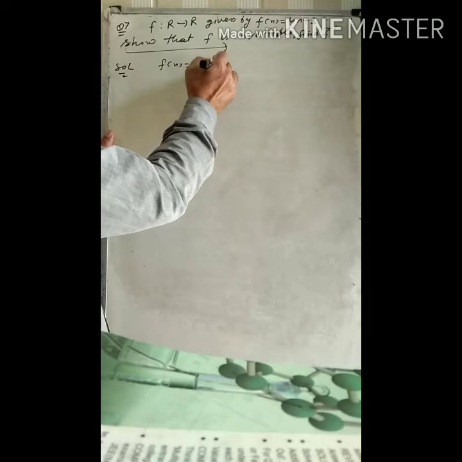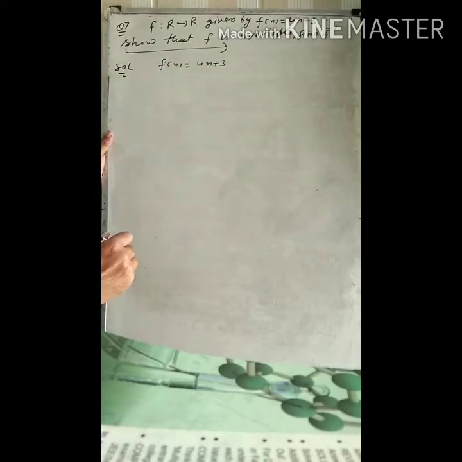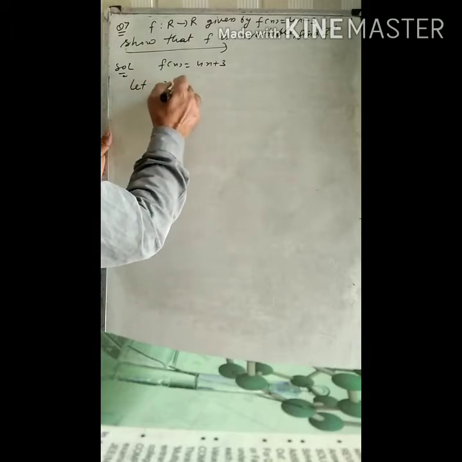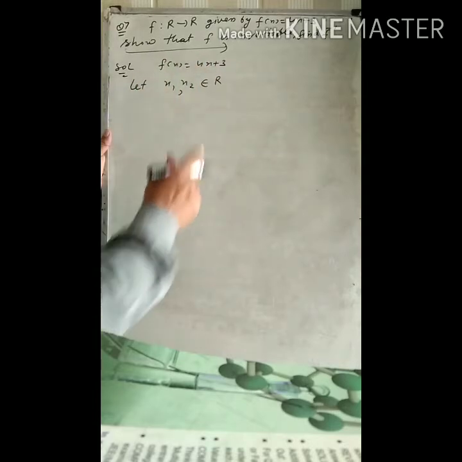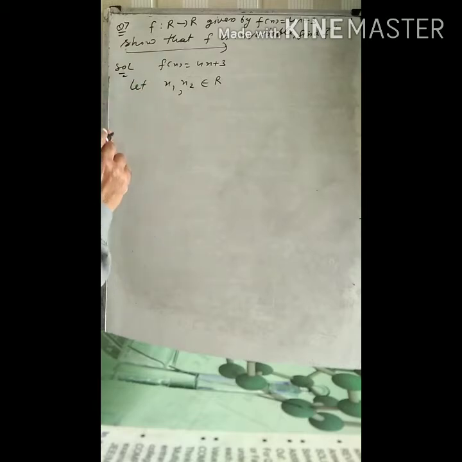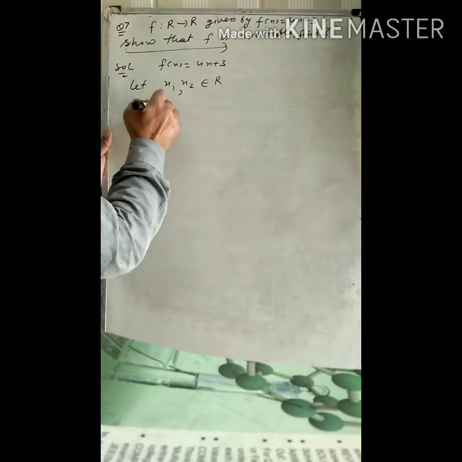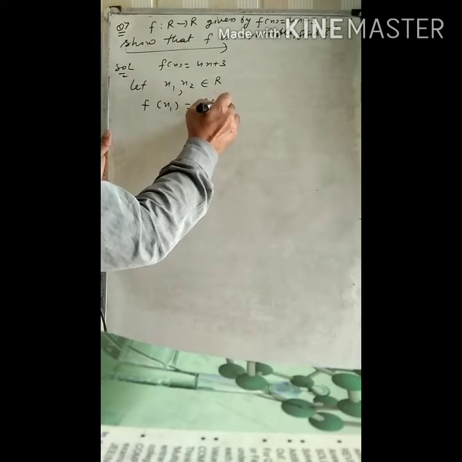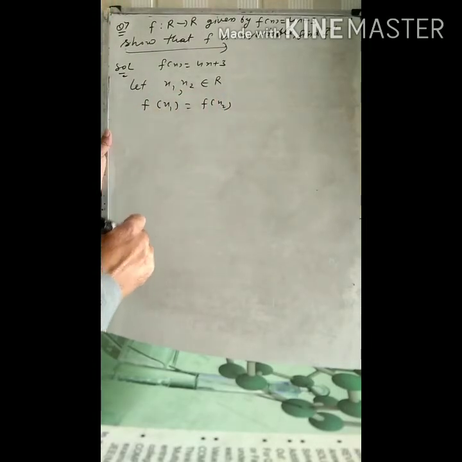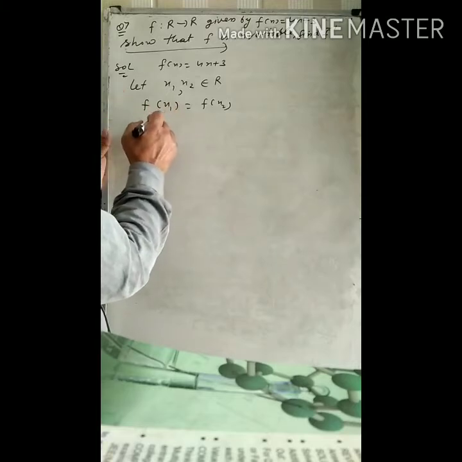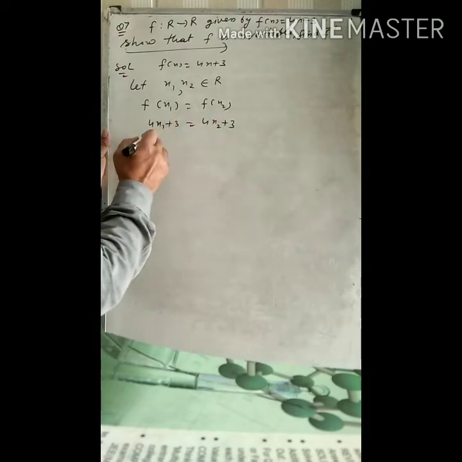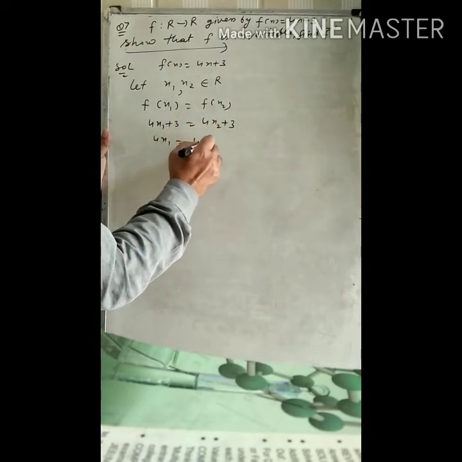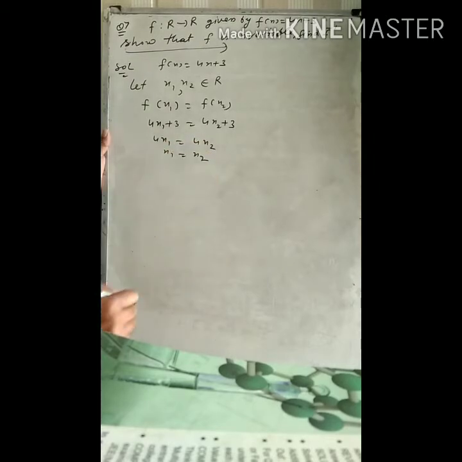f(x) is equal to 4x plus 3, f is 1-1. Let x1, x2 belong to real numbers for domain, therefore f of x1 is equal to f of x2, तो 4 times x1 plus 3 is equal to 4 times x2 plus 3, 4x1 is equal to 4x2, that is x1 is equal to x2.